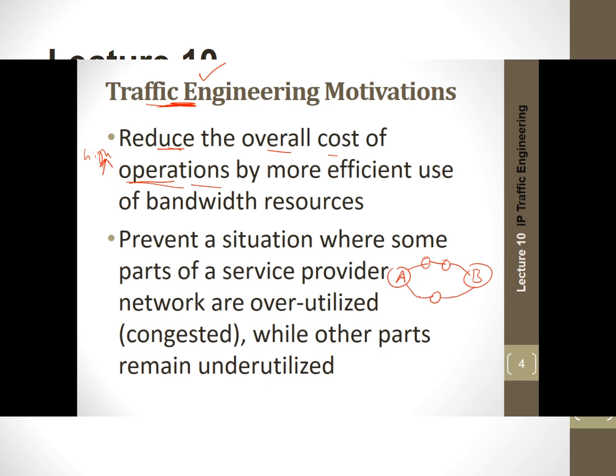Sometimes this path is overutilized and this path is underutilized. So what will traffic engineering do here? It will make something like equalization. If this path is utilized, this will also be equally utilized. Both parts of the network will be utilized, and congestion will be reduced on this side. So these are a few motivations that will help the network to be engineered well. Let's look into it more and we will understand better.